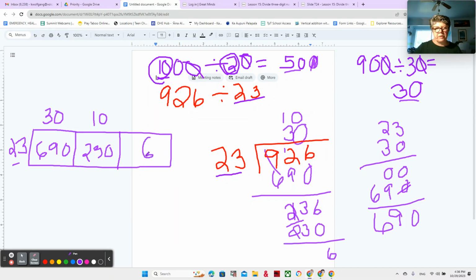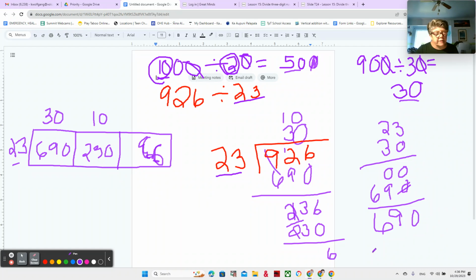And so I can just put 6 here as my remainder, right? No, sorry, don't want to put that there because these two numbers are what adds up to 926. Yeah, that's fine. Sorry. There we go. 6. Okay. And remainder 6.